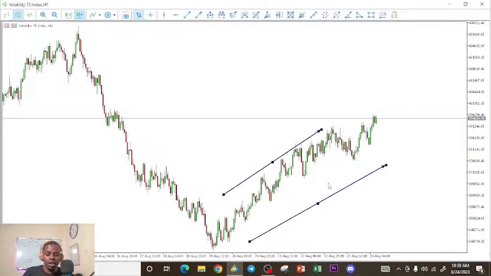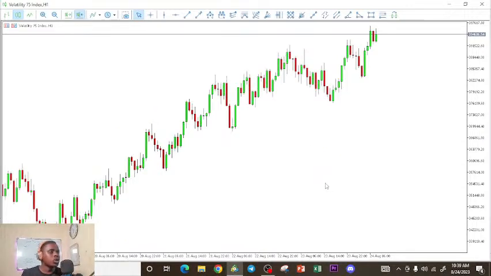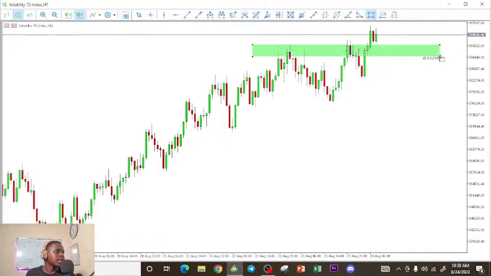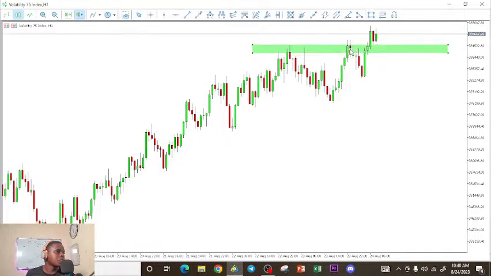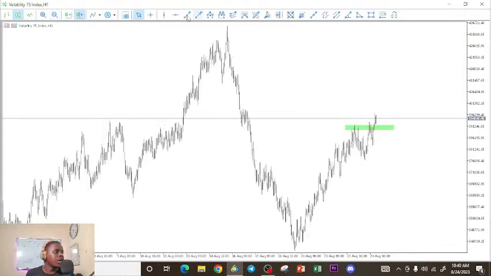Right, once we see the market pushing to the upside, what do we look for? We are looking for our major levels of structure, and I can see right now that the market have just broken a previous level of structure, right? If I look back into the market, where is the VIX 75 likely to go next?